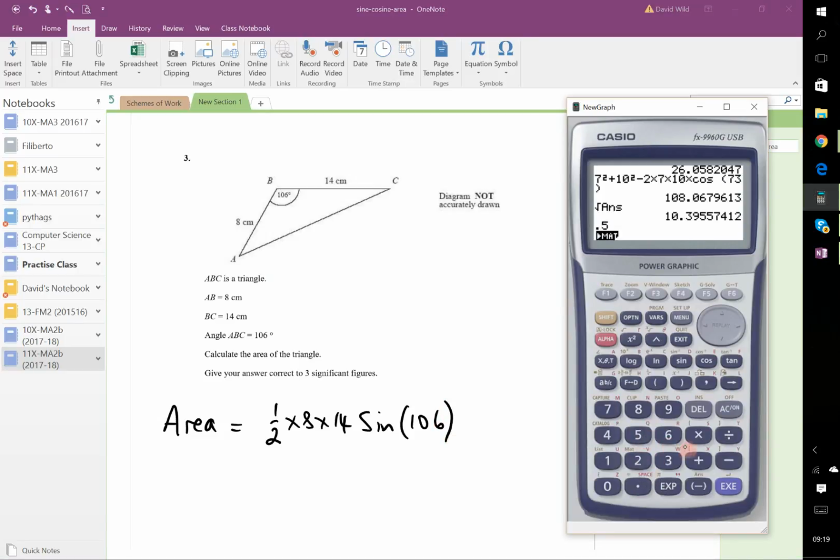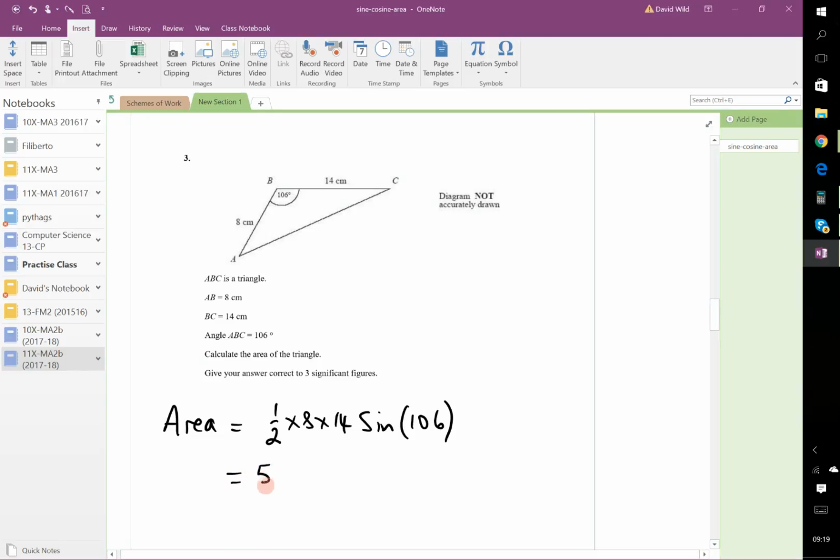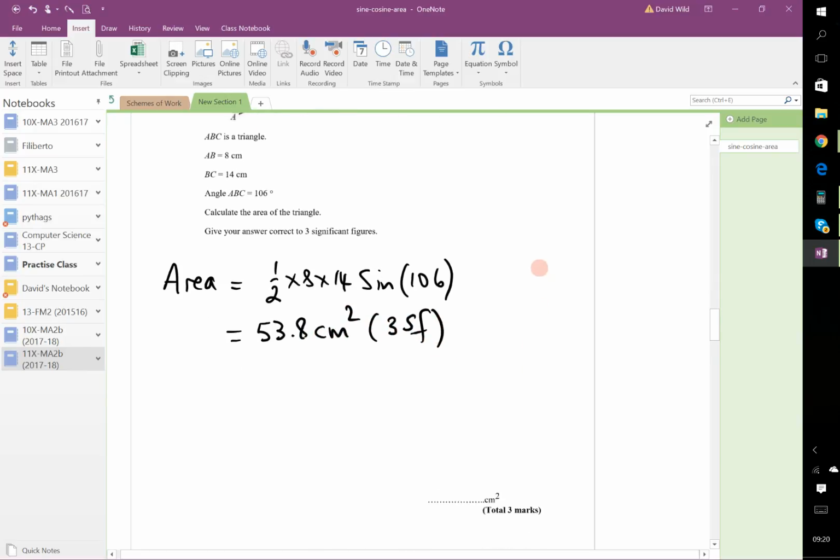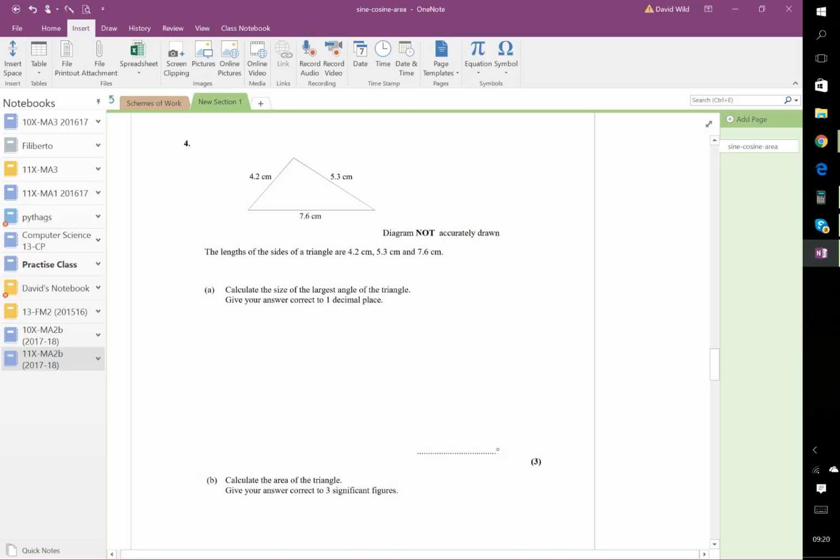Calculator, a half times 8 times 14 times the sine of angle 106, and we get an answer of 53.8. 53.8 units. These are centimeters. This is an area, centimeters squared. 3 significant figures. 53.8.